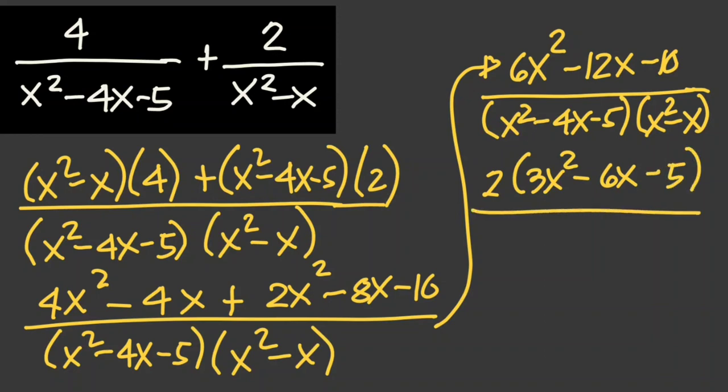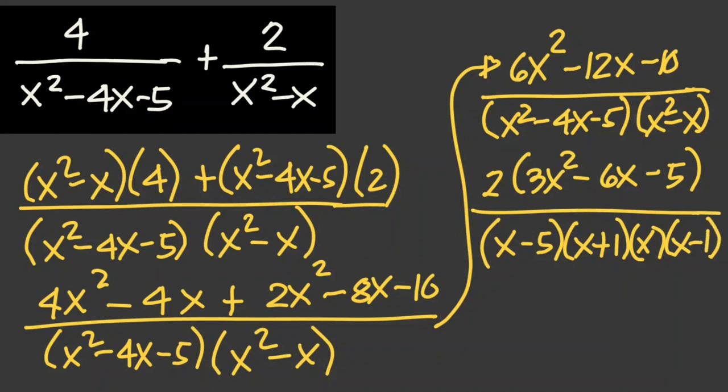Then we can factor x squared minus 4x minus 5. That is x minus 5 times x plus 1. And then we can write x squared minus x as x times x minus 1. Okay, so this is our final answer.